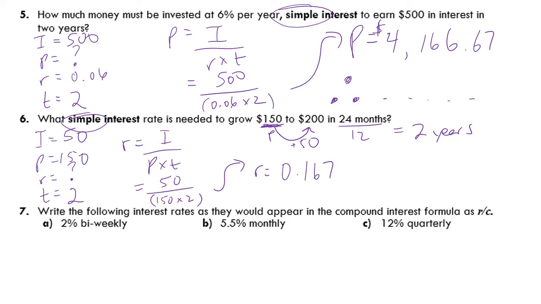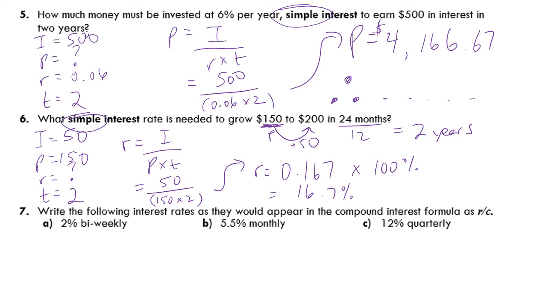And we want to convert that to a percentage. So multiply by 100, 16.7% interest. So hopefully that's a pretty good comprehensive review for simple interest.